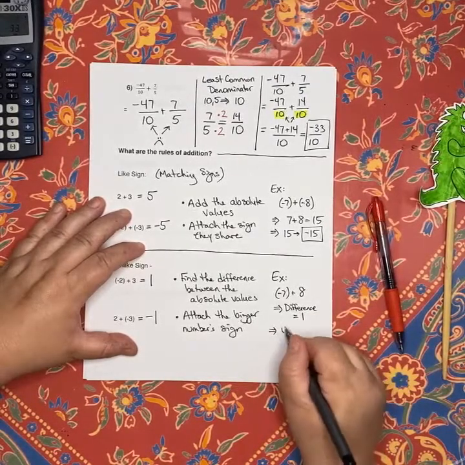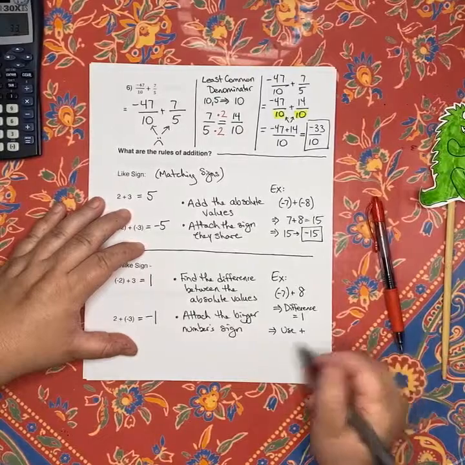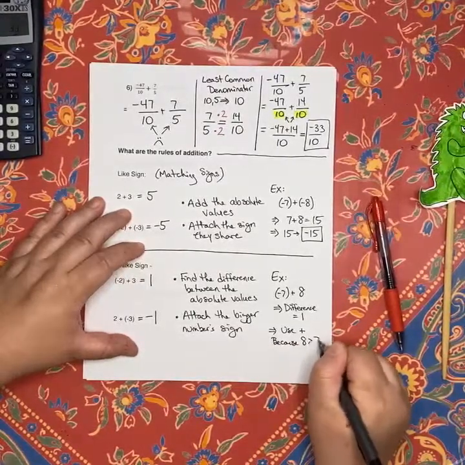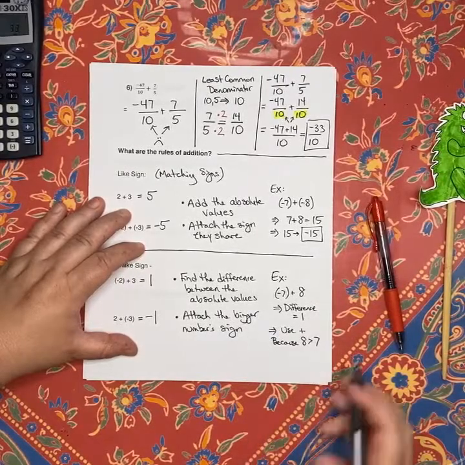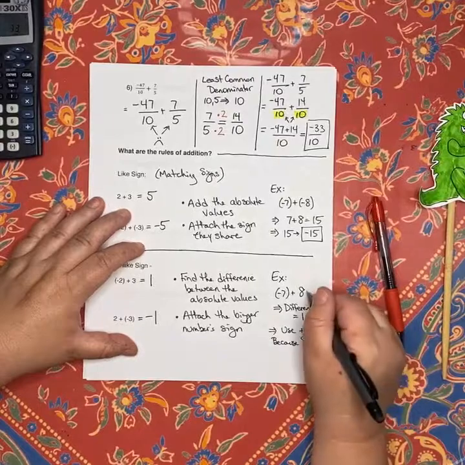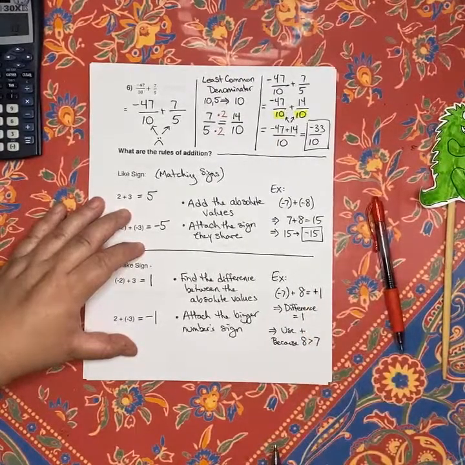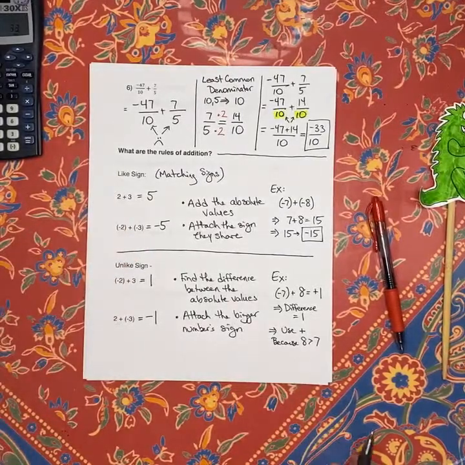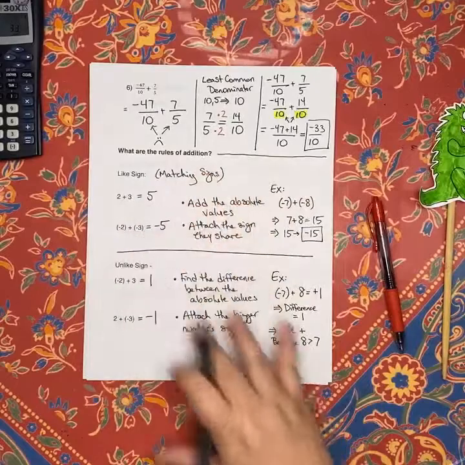And then I use a plus because 8 is bigger than 7. Does that make sense? So negative 7 plus 8 is positive 1. Kind of, sort of?